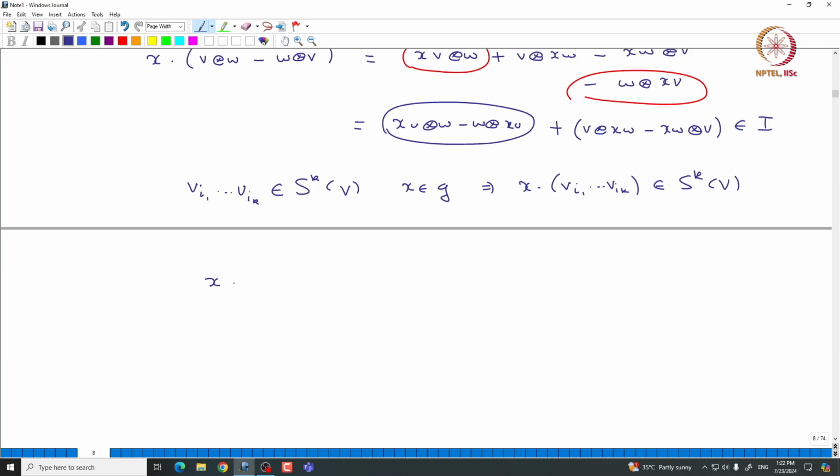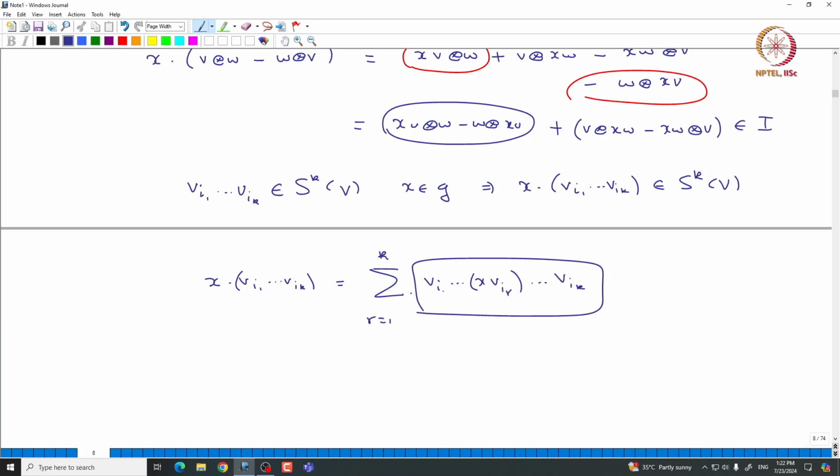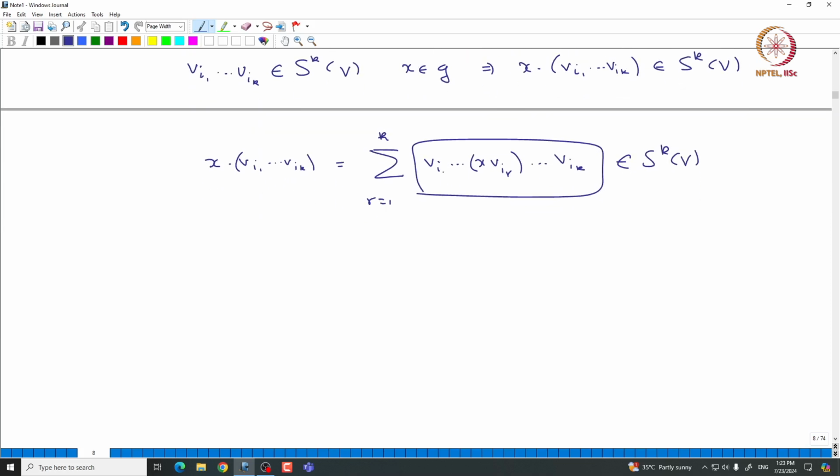Then you can see that x dot V I 1 etc. V I k is just the summation of V I 1 etc. x V I r etc. V I k, where r runs from 1 to k. So, which is again a product of length k. Okay. So, this has to be inside Sk of V. So, that means each component Sk of V is again a G module.